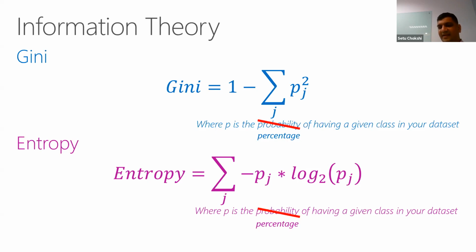Basically, I'll take a sum of squares and subtract it from 1. That's going to be my Gini. So what I need to find out is at which point my Gini index becomes the lowest, because this is the value that you want to minimize.